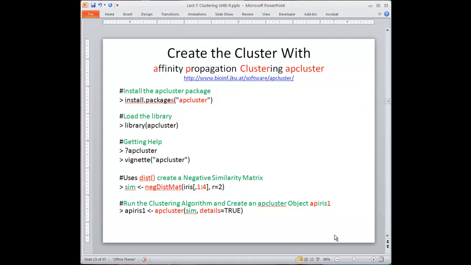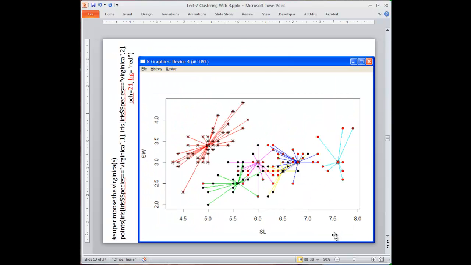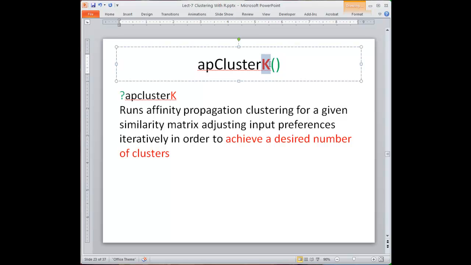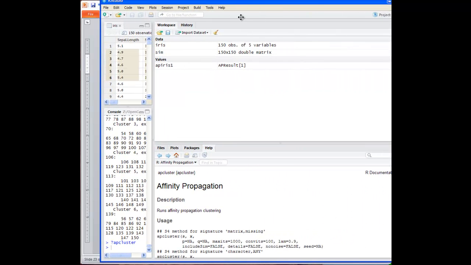Now, what I can do is run the k-means cluster version of the AP algorithm. Remember, the K is uppercase and the C is not uppercase. Let us see which one is uppercase, which one is not.